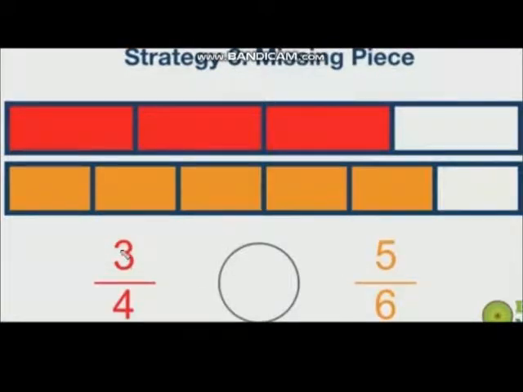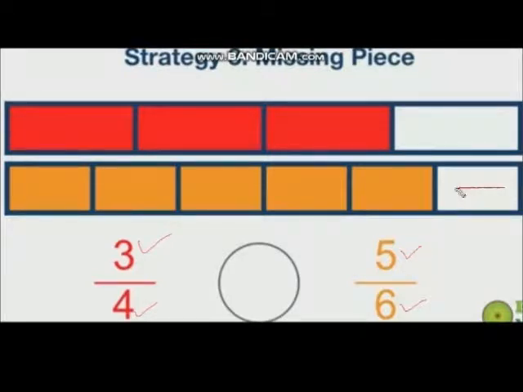Now what if the fractions are different? No numerators are the same, no denominators are the same. So in this one what do we have to do? Again we will make a strip, 2 strips for 2 fractions. We'll make 4 columns for the first fraction and 6 columns for the second fraction. For the first fraction we will color 3 parts and for the second fraction we will color 5 parts. Now which one is less empty?